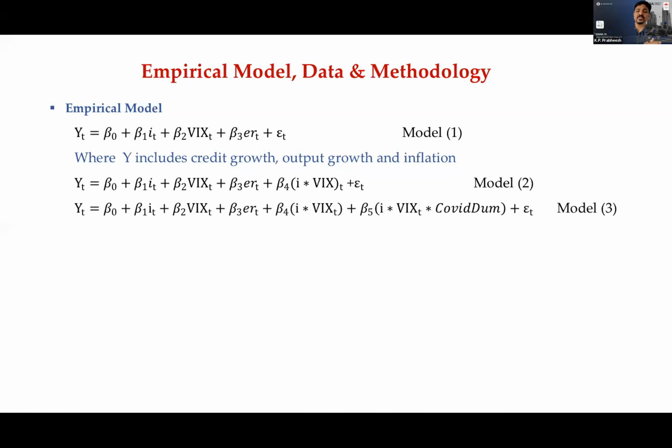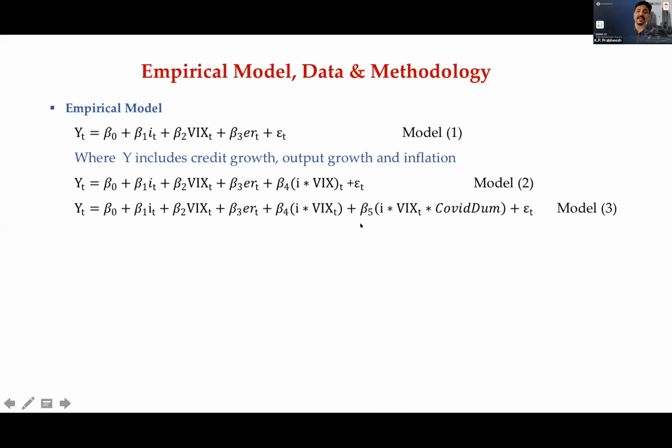Further, we extend this model by incorporating a triple interaction dummy, where we include the COVID-19 period as a dummy variable along with the interest rate and the VIX. So beta 5 gives an indication of monetary policy effectiveness during the COVID-19 period in the presence of uncertainty.